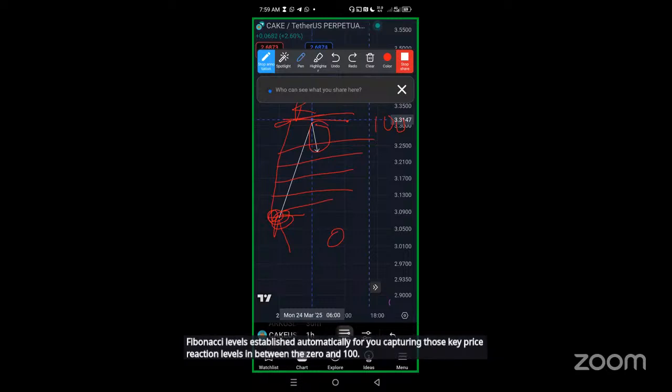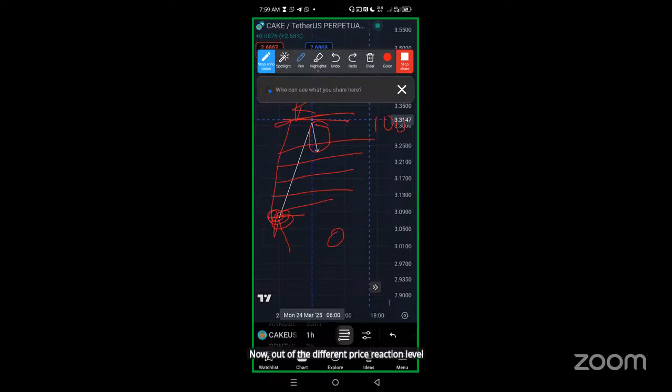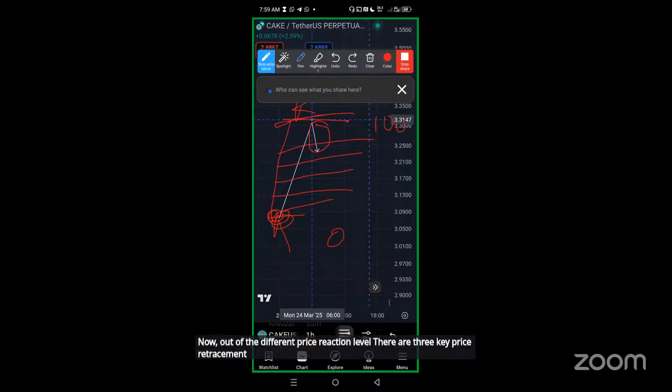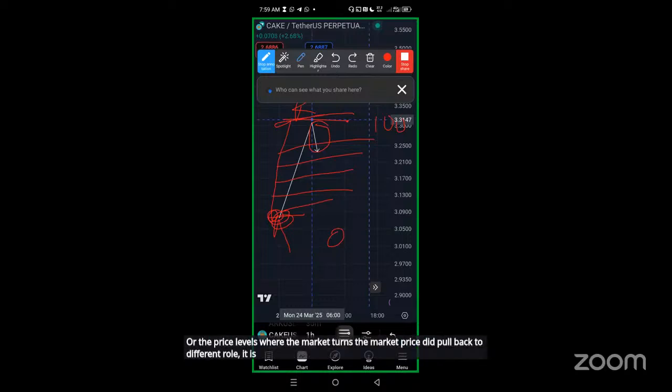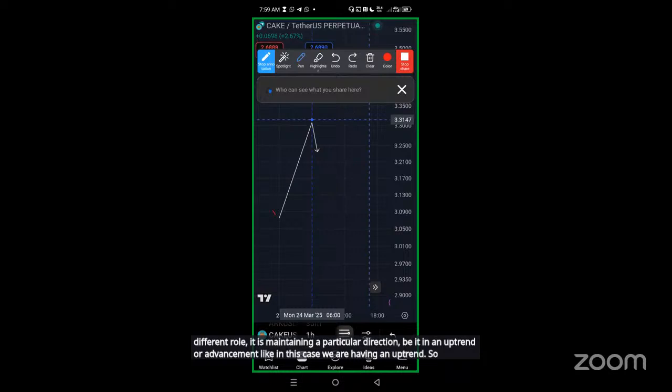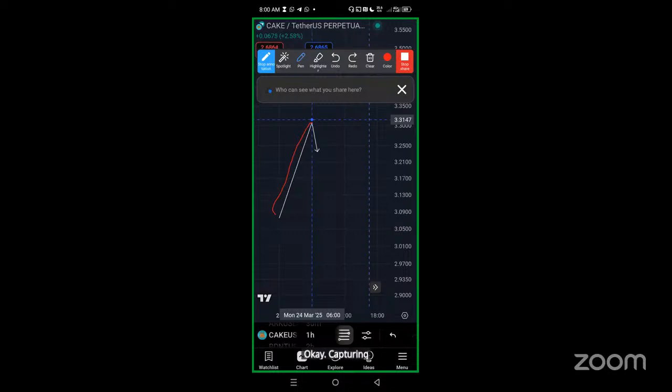Now, out of the different price reaction levels, there are three key price retracement levels that you need to put at the back of your mind. These are the price levels where the market price pulls back to, if it is maintaining a particular direction, be it in an uptrend or a downtrend. Like in this case, we are having an uptrend. So we expect the market price to surge, capturing a 100% movement before retracing.